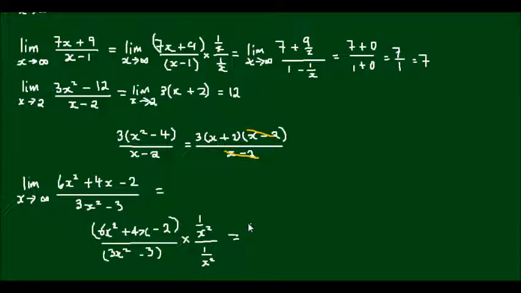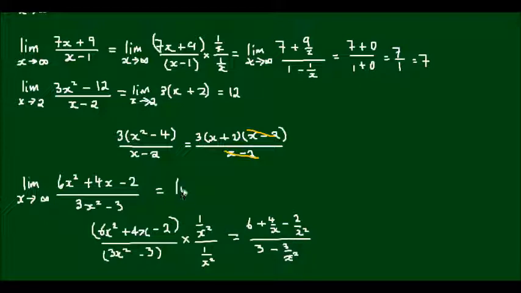So expanding that in, I will get 6 plus 4 over x minus 2 over x squared, 3 minus 3 divided by x squared.